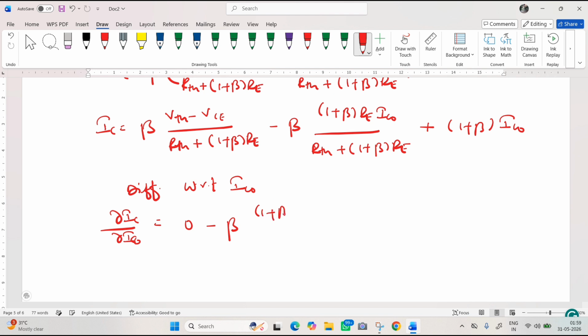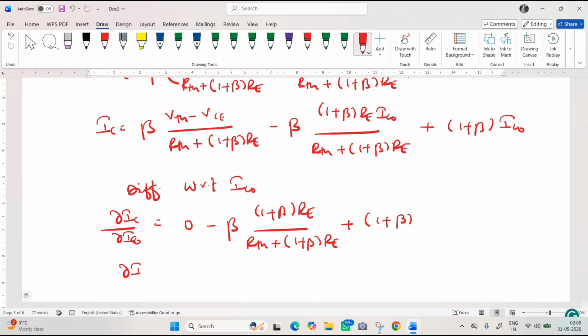So (1 plus beta) times RE divided by R Thevenin's plus (1 plus beta) times RE. Again here I can take (1 plus beta) as common, then dou IC by dou IC naught will become 1. If you compare these two, I can take (1 plus beta) as common, right?